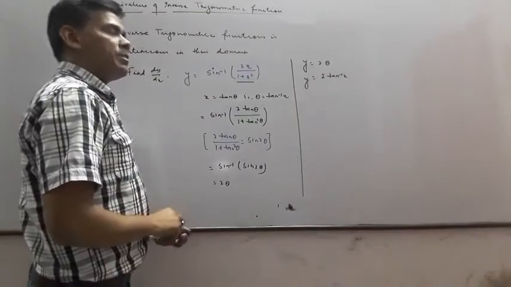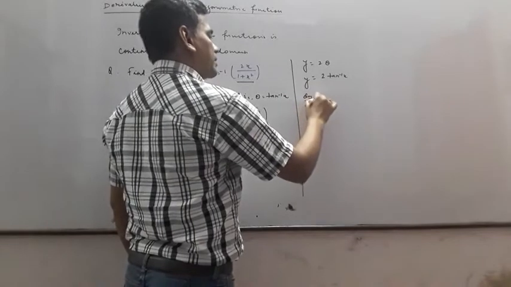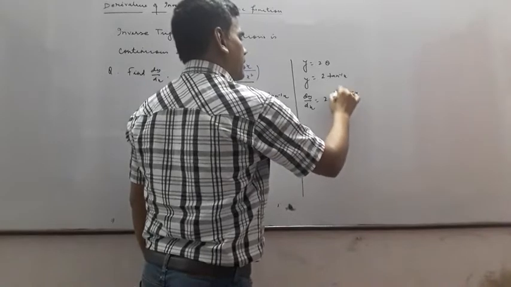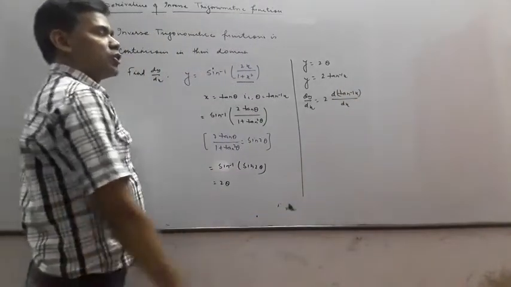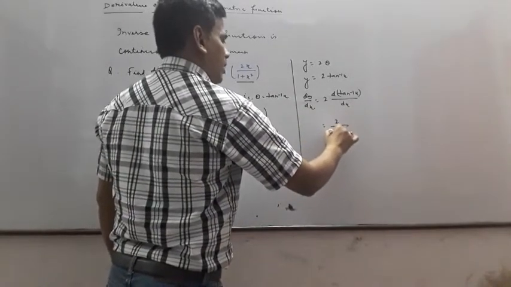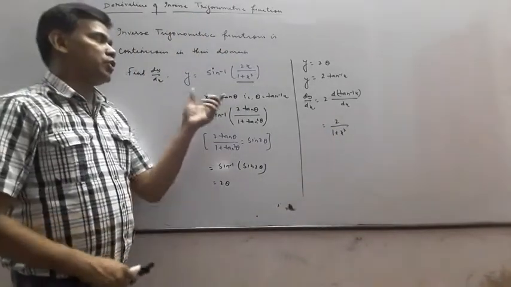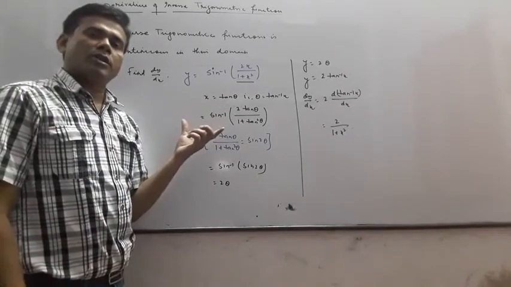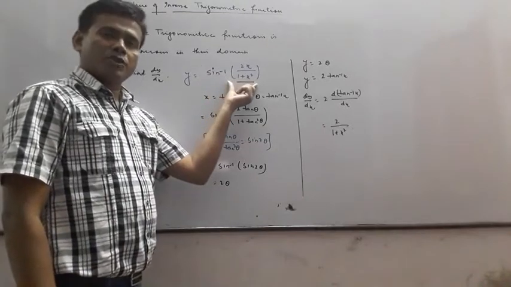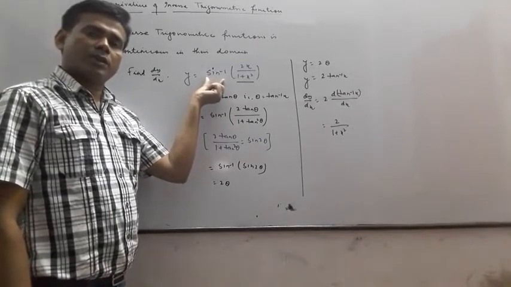Now you will have to use the operator d by dx. So dy by dx, and 2 is constant, differentiation of tan inverse x by dx. And already I taught you the formula for tan inverse x. So you will have to write here 2 by 1 plus x square. You see, it is very simple. But once again I am telling you, you will have to remember and keep in memory all the trigonometric formulas, and you will have to find which trigonometric ratio you will substitute here to get the answer in the same given inverse trigonometric function.